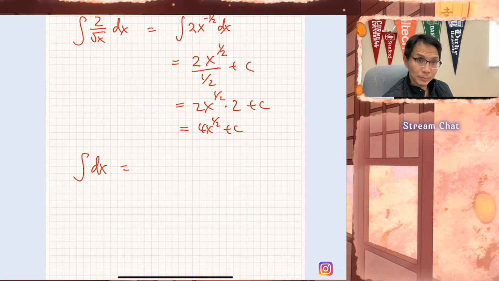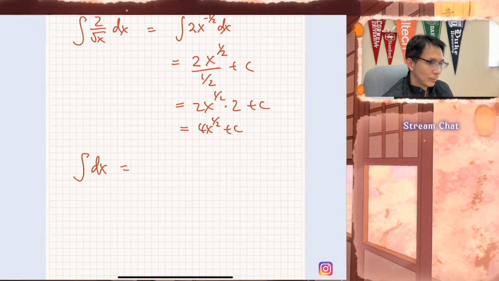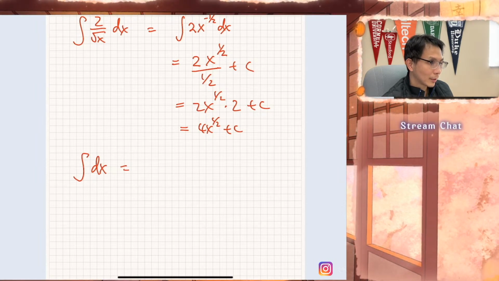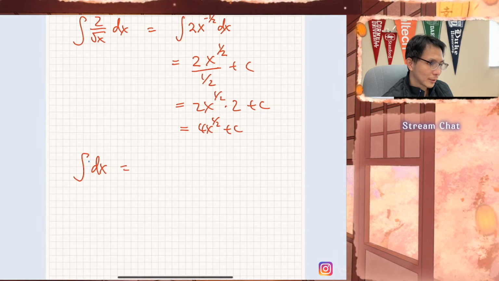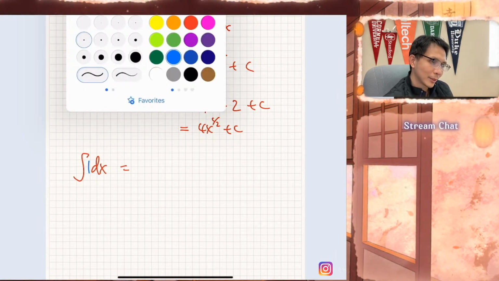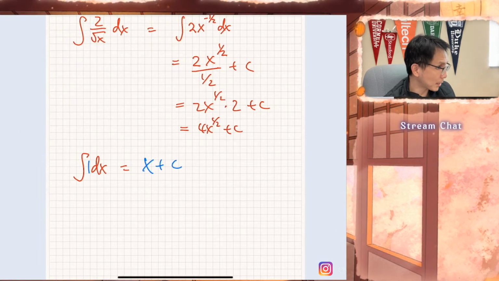No. You're on the right track. It's x to the first power. There's a 1 there. So it would be x. Yeah, x plus c.